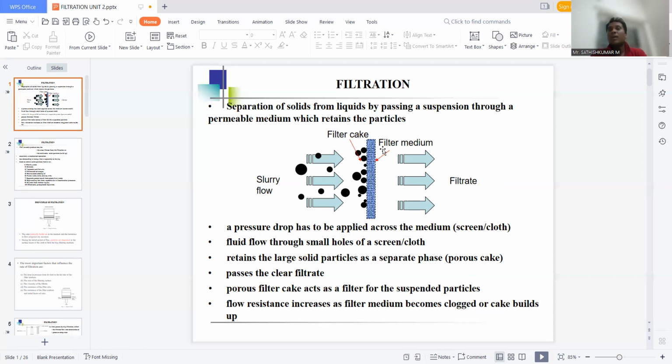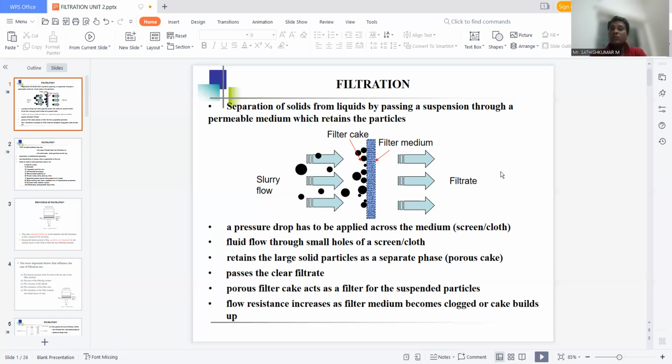The medium may be made up of polythene wires, iron wires, or some kind of fibers. In the filtration process, a filter aid is added, and the role of the filter aid is to enhance the filtration process.